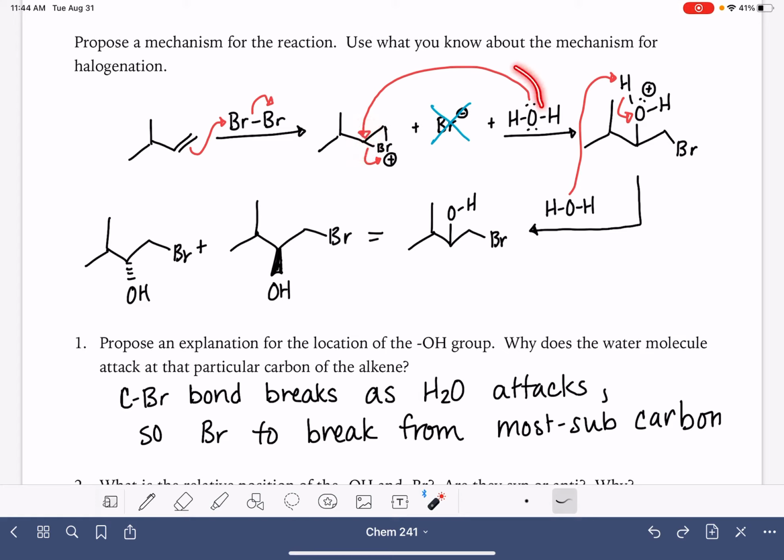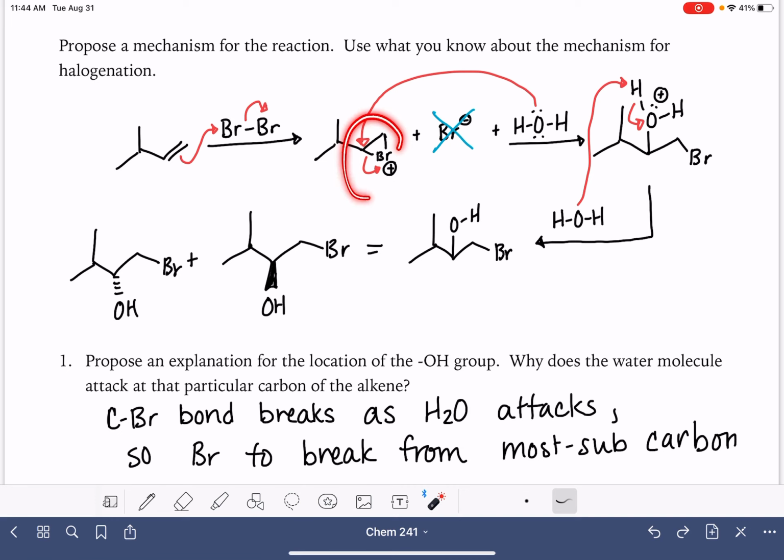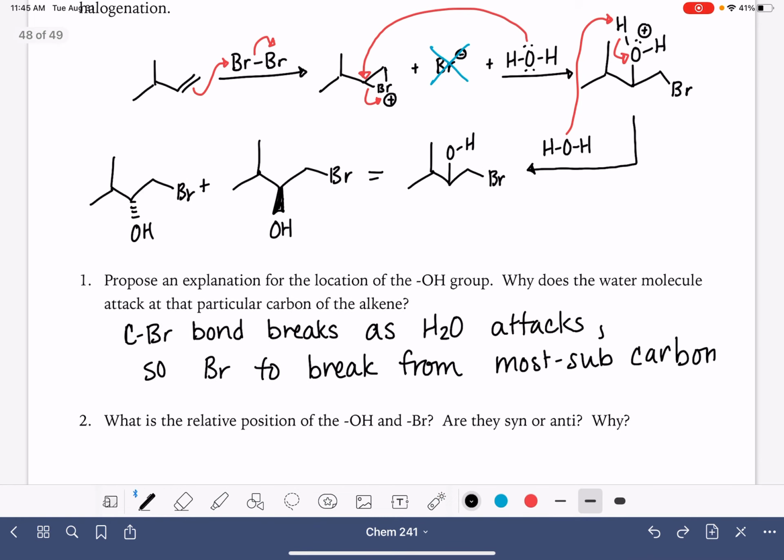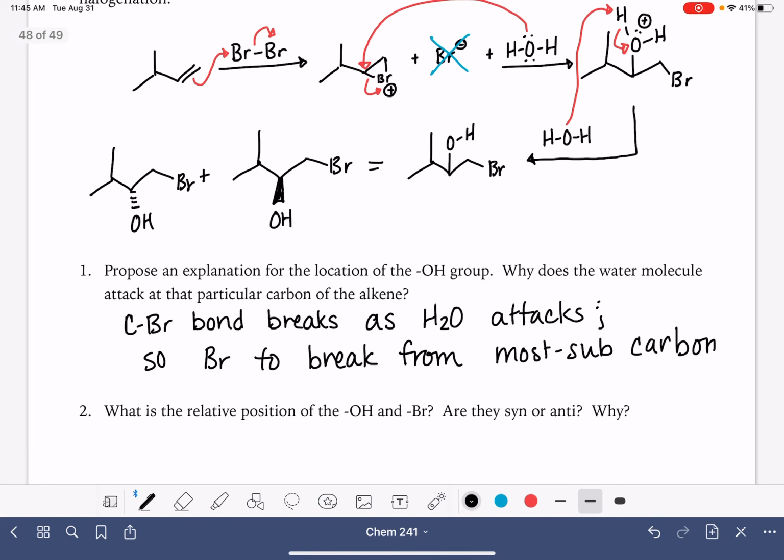This is more like an SN2 reaction than an SN1 reaction. It's just that as that water molecule is coming in, these carbon-bromine bonds are getting excited about being able to break and get rid of this weird bonding situation, so they start to break a little bit early. It's not a completely concerted SN2 type reaction. It's also not a completely two-step SN1 reaction.